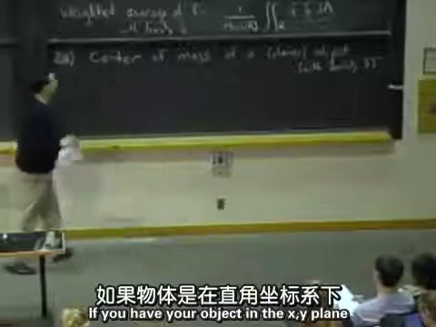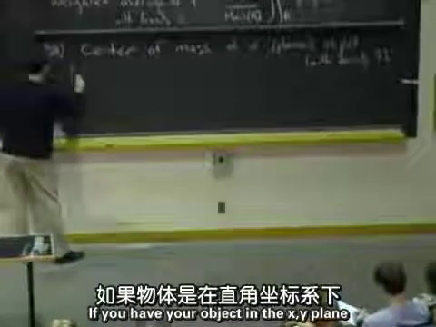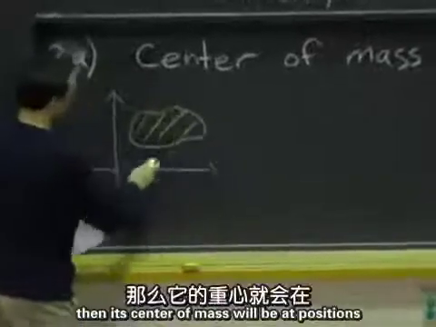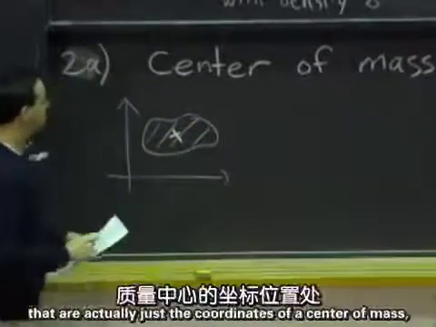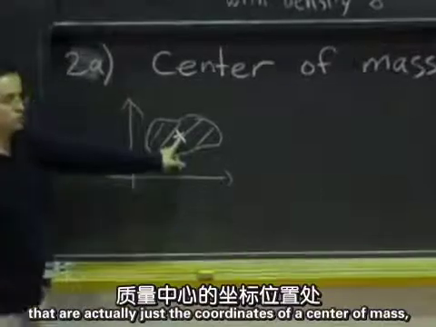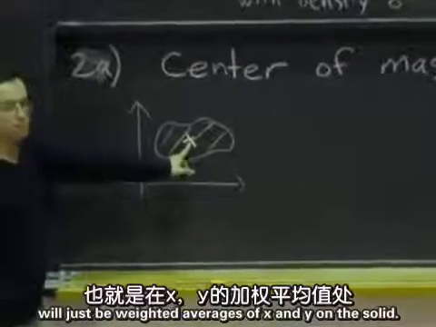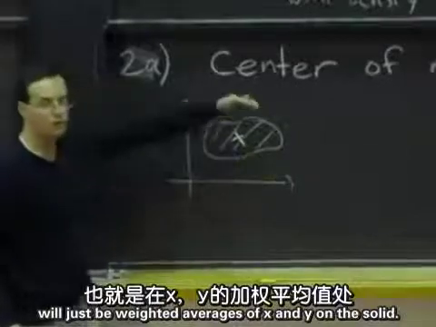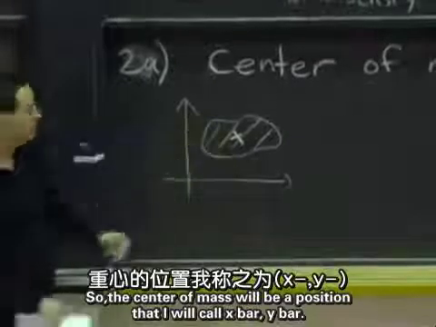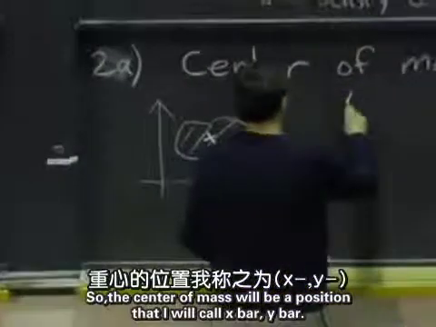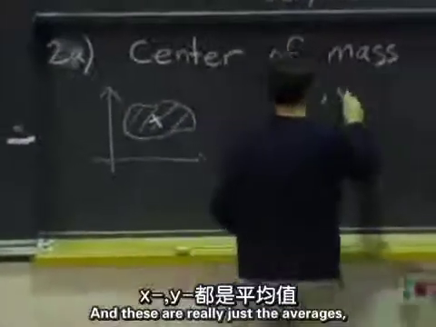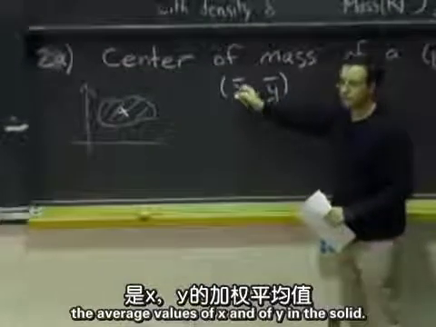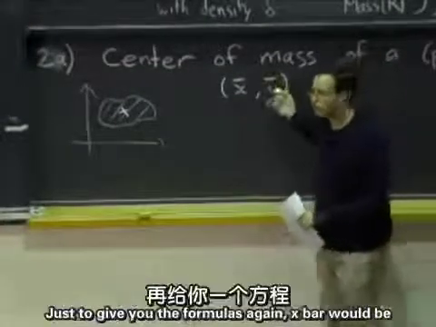Well, if you have your object in the xy plane, then the coordinates of the center of mass will just be the weighted averages of x and y on the solid. The center of mass will be at a position that I will call x bar, y bar, and these are really just the average values of x and of y in the solid.